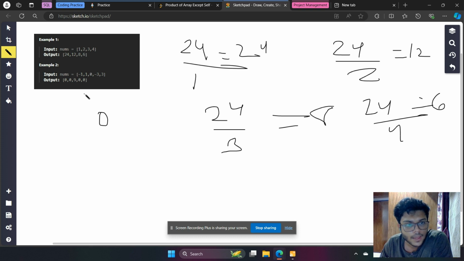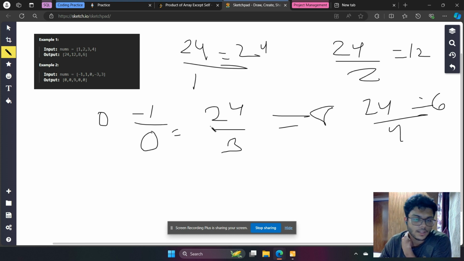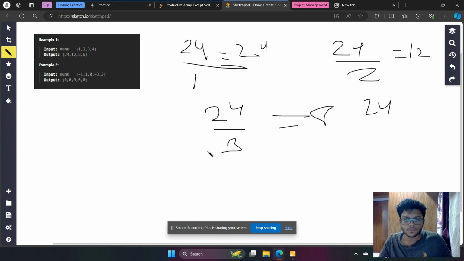And if you want the answer for position number 1, we would do 0 divided by 0, which is undefined. We can't divide any number by 0. So this way of doing things fails when we have a 0 in the array. So we can't really do things this way.